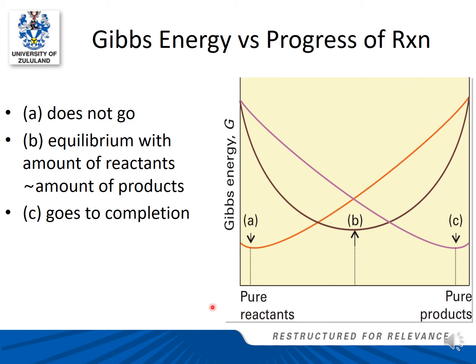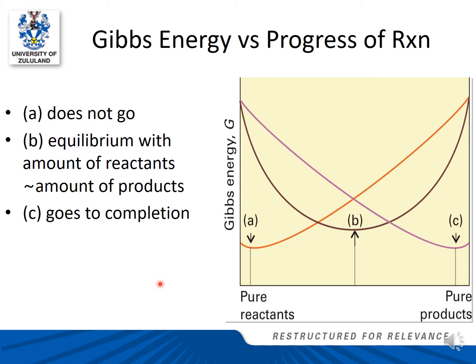Along the x-axis, we normally start with our pure reactants, and after some time, when our reaction has finally reached completion, we'll have our pure products.